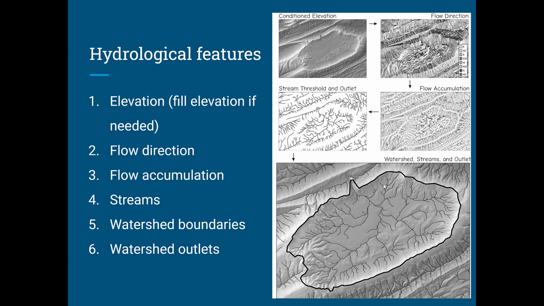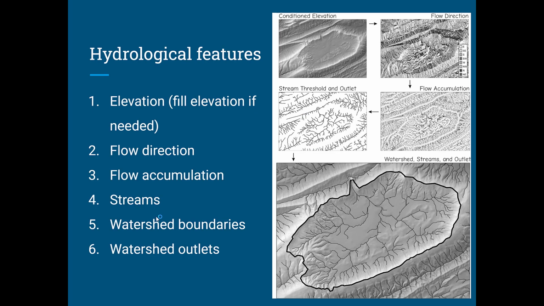Then there is flow accumulation. Say you are standing at a certain pixel, how many pixels, if they have water, can contribute to your pixel? That's flow accumulation. Based on flow accumulation, you can also define your streams, because streams will be the pixels that have many pixels that can flow into them.